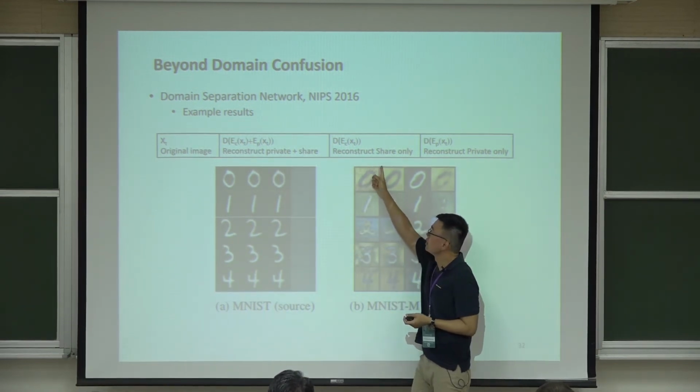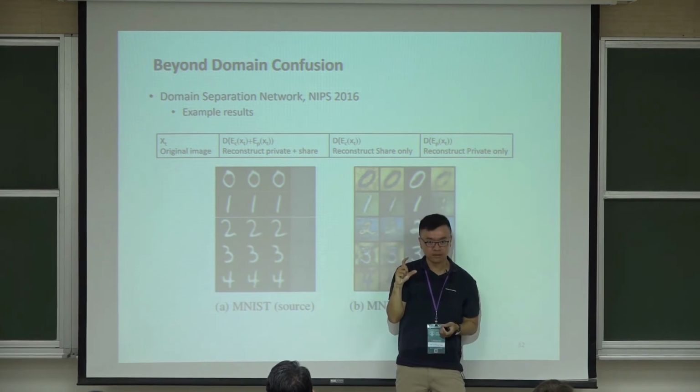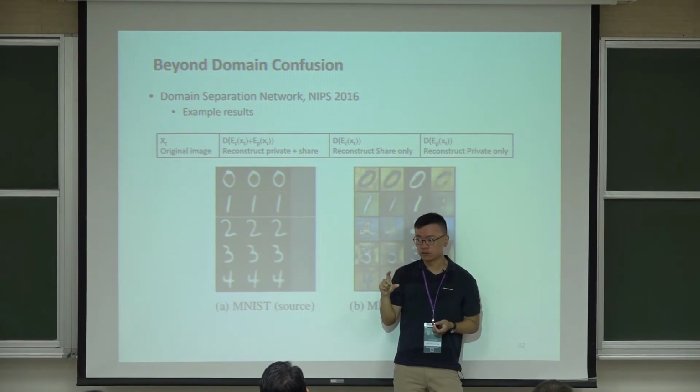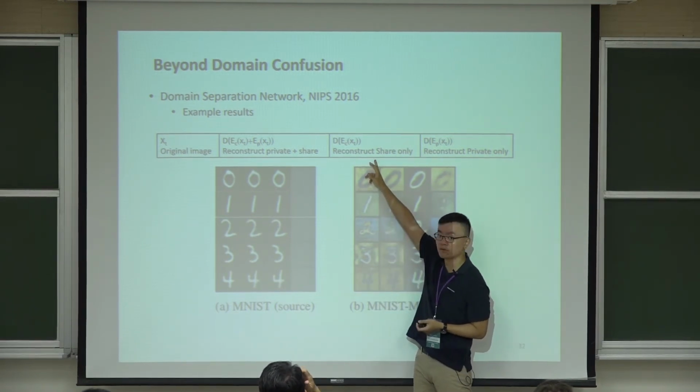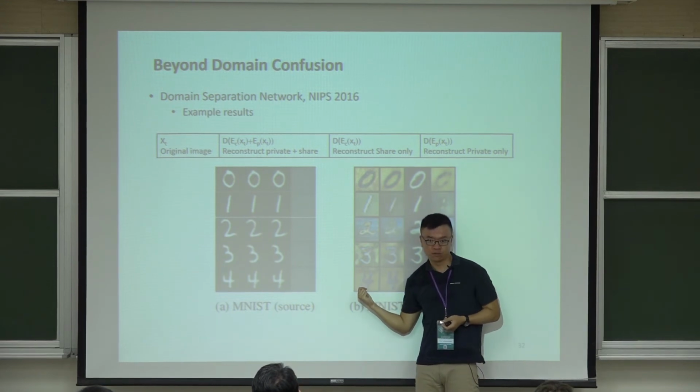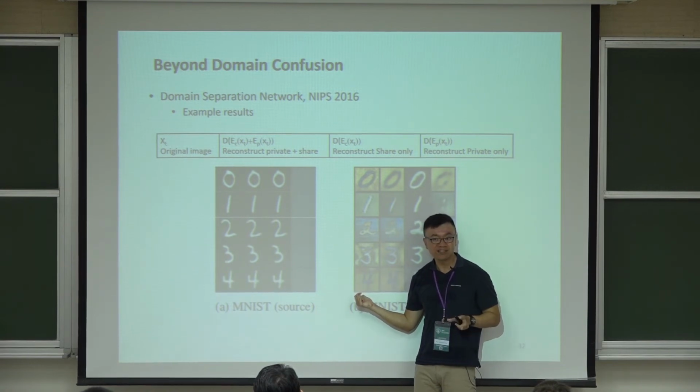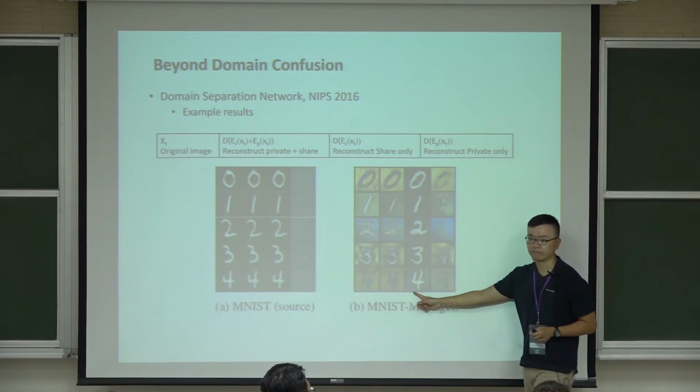The third column only takes the content part to do data reconstruction, right? So imagine what you would see if you only take the content information of such complicated images to do data reconstruction. You should get somewhat cleaned images with label information, and that is the third one.